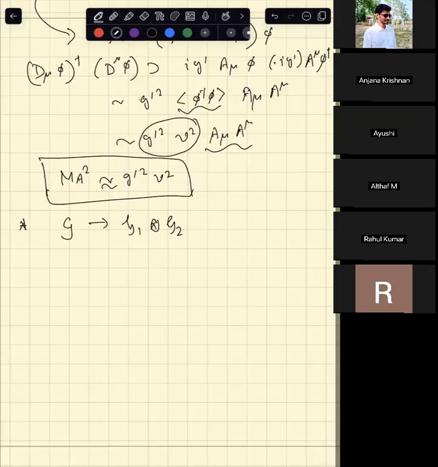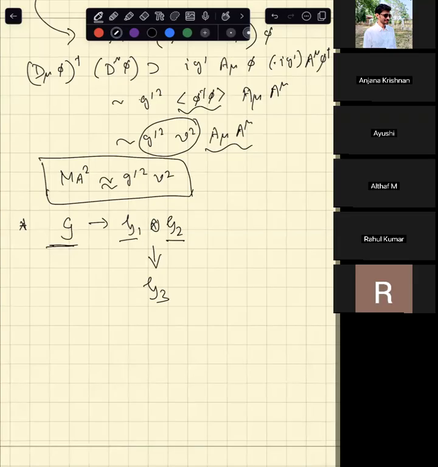Suppose we start with some symmetry group G which I have gauged, and then after the symmetry breaking, I want to get, if I start with G1 cross G2, then I want to break that symmetry to G3.